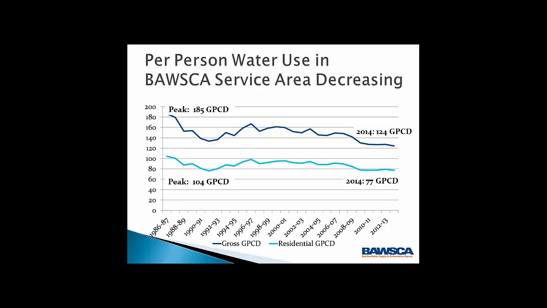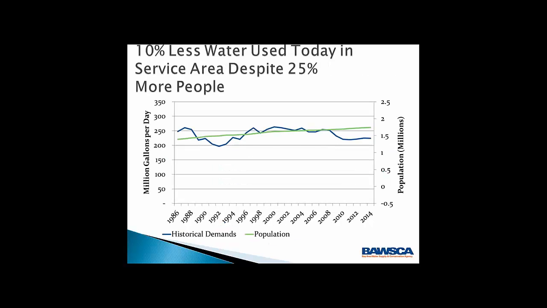Similarly, we also look at residential per capita water use, which is total water used by residential customers divided by population. At its peak, residential water use was at 104 gallons per person per day, and that was down to 77 gallons per person per day in 2014. You may notice that it looks like gross per capita water use has decreased more significantly than residential.